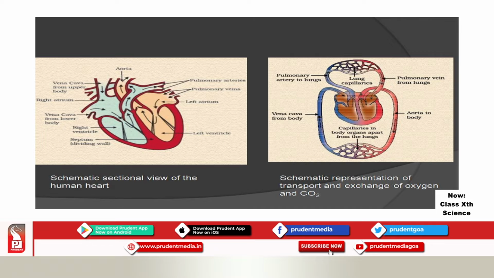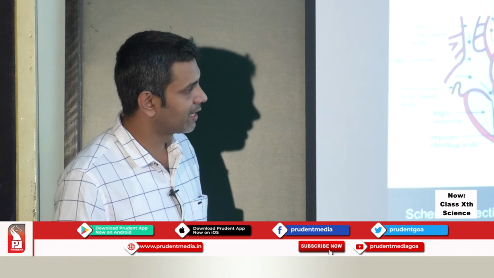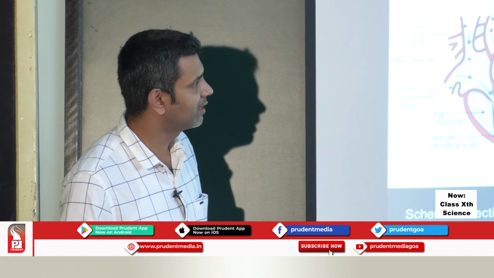So, carbon dioxide is given out in the lungs, oxygen is taken in, okay, from air in the lungs. So, we have understood the schematic sectional view of the human heart and the schematic representation of transport and exchange of oxygen and carbon dioxide.